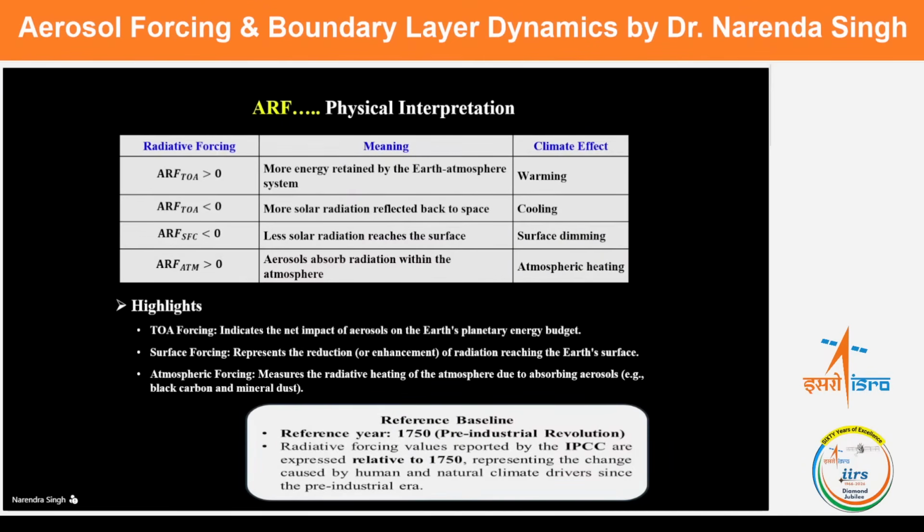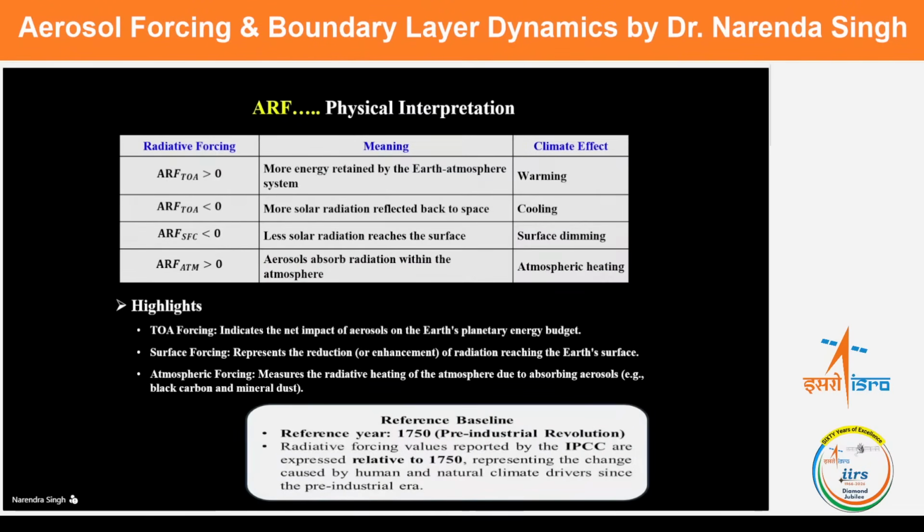Positive means, as I mentioned, down minus up. If downward is higher than upward, it will always be positive. So positive means that the major portion of the energy coming from the sun and entering the atmosphere is getting absorbed or redistributed within the atmosphere itself.